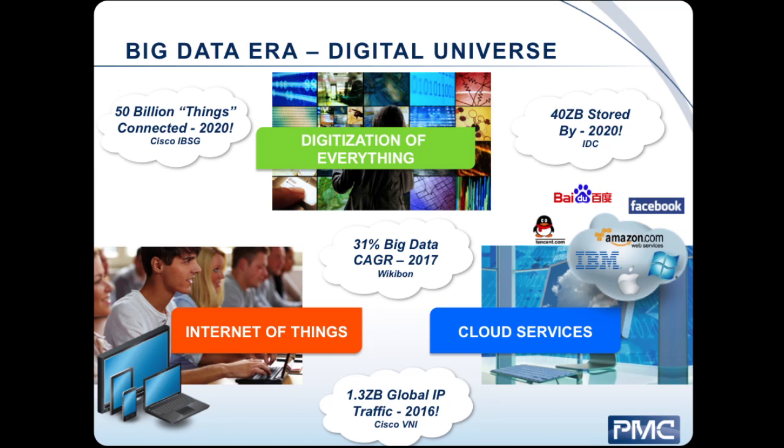Looking at some Cisco projections, with the Internet of Things being connected, it's 50 billion type devices, everything from wearable computing, smart automobiles, smart homes, smart grids, smart transportation systems, livestock being Internet connected for health monitoring purposes, hospitals. In fact, IBM has a projection of 1 trillion Internet-connected devices in 2020.